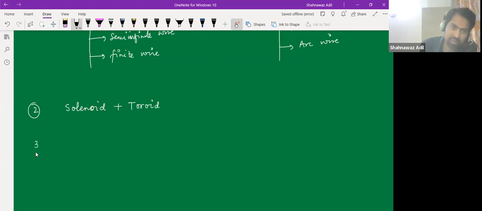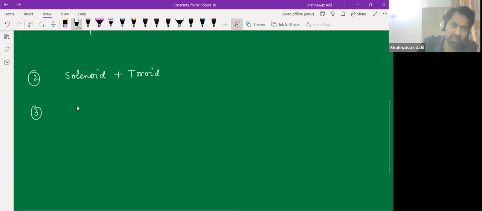And lastly, we did this thick wire. For all these current carrying wires, we calculated the magnetic field.